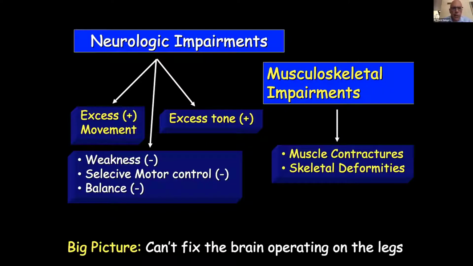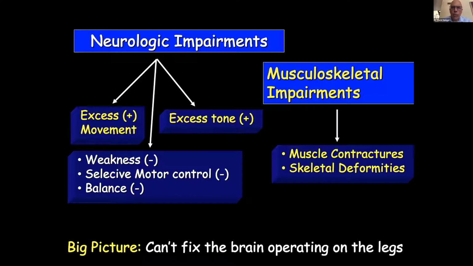And if they do have excess tone, is it pure spasticity, or is there a component of fluctuating excess tone called dystonia? Do they have extra movements, hyperkinetic movements? Because too much tone and too much extra movements will certainly impact their positioning, ease of care, and ambulatory ability, and will impact the orthopedic treatment.